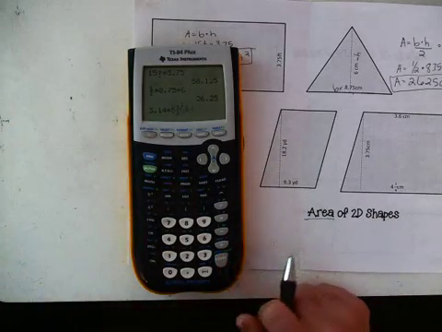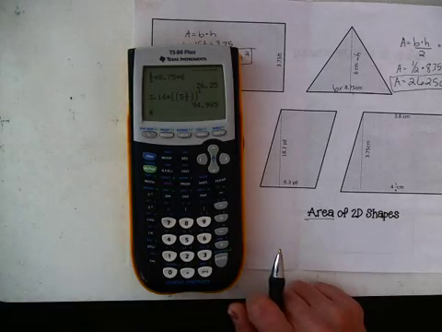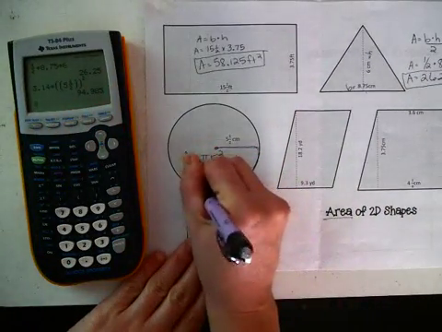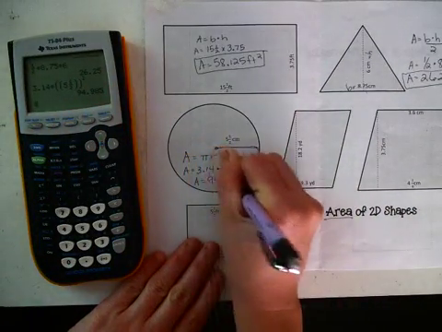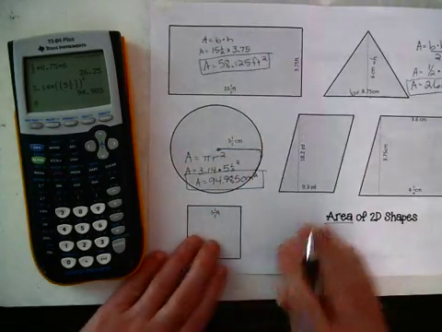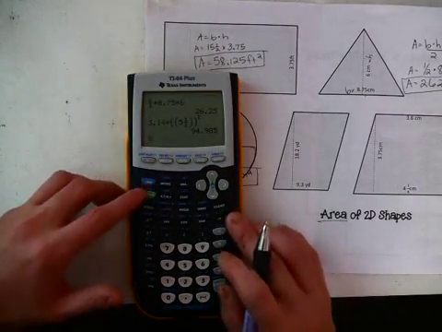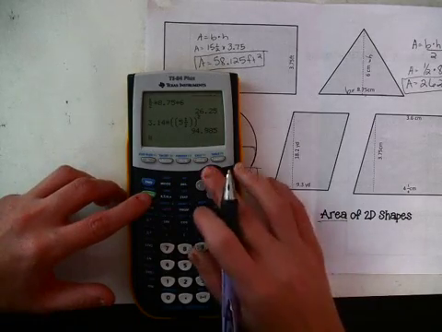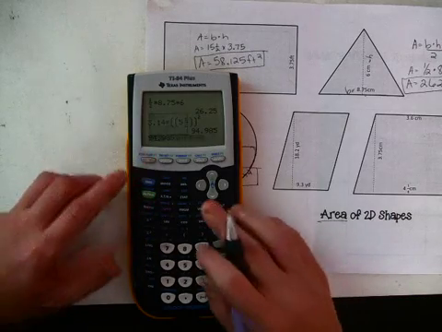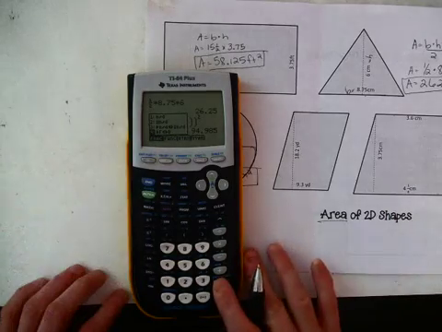So my answer is 92.985 centimeters squared. If I by chance wanted that in fraction, which is going to be a crazy fraction, I would click on this number, enter, and then go to alpha, where I can change it from fraction to decimal and decimal to fraction.